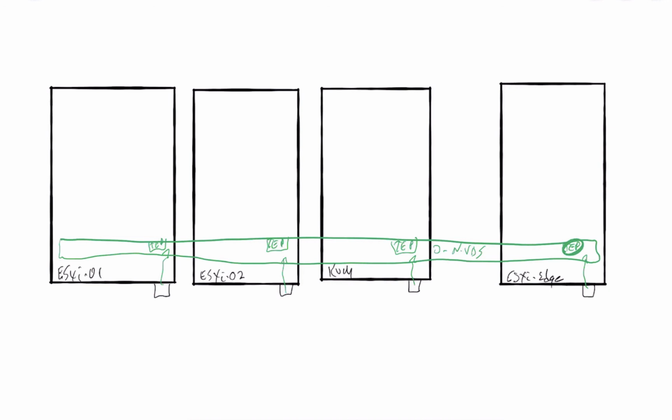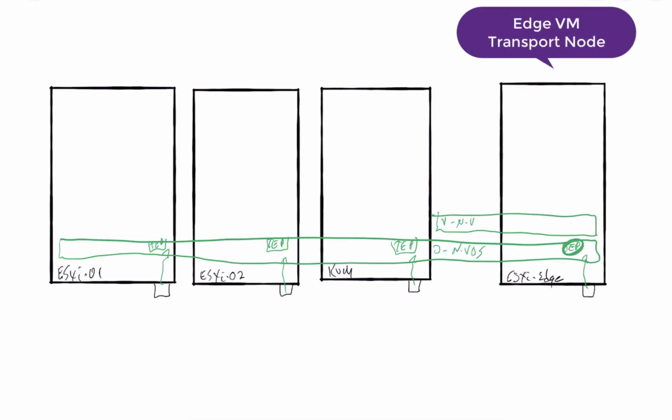Next, in order to prepare the edge node, I will create a VLAN N-VDS. I'm going to label that V N-VDS. That VLAN N-VDS also has an uplink, which will also map to a network card on the ESXi host.